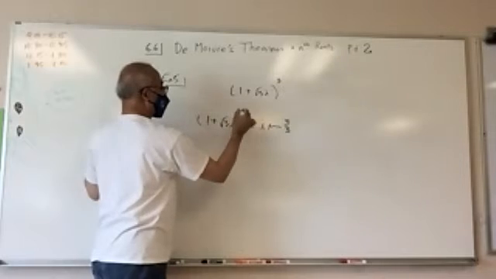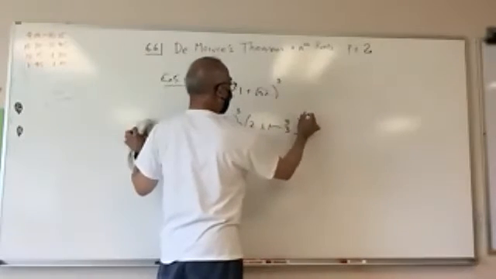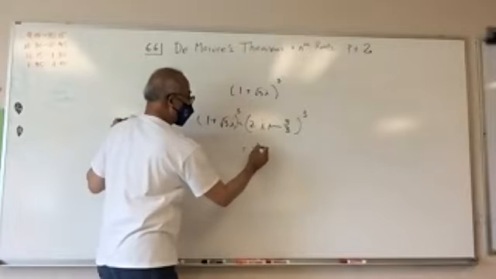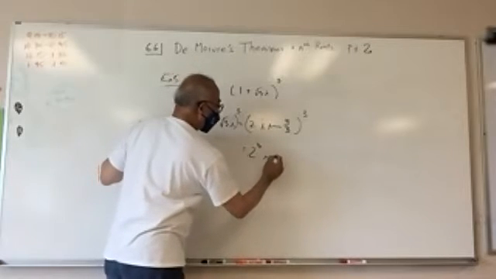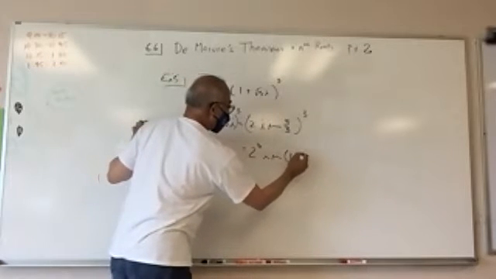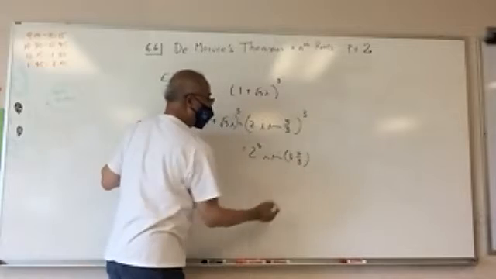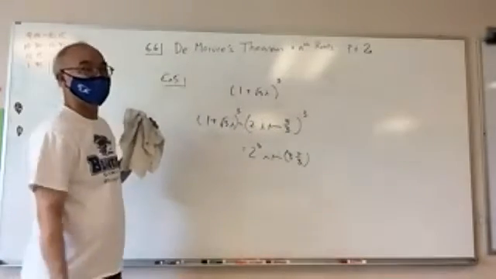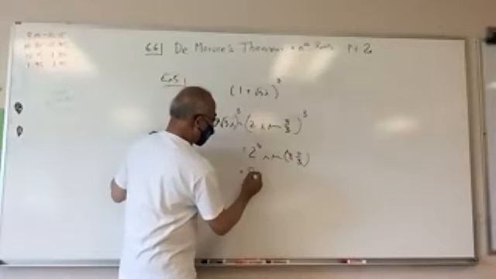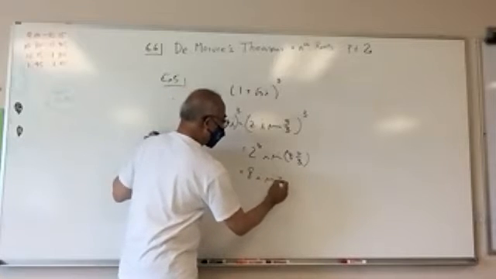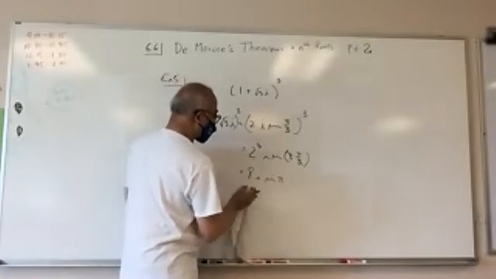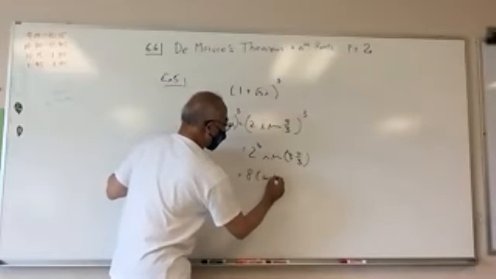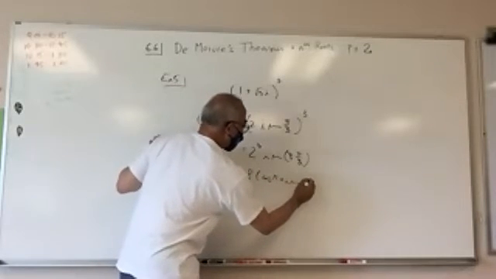So it's to the third, which means it's 2 to the third times cosine 3 times pi over 3 plus I sine 3 times pi over 3. Oh, look at this. They cancel out. So I'm going to get 8 cosine pi plus I sine pi, which is basically what? So this is going to be 8 cosine pi plus I sine pi.